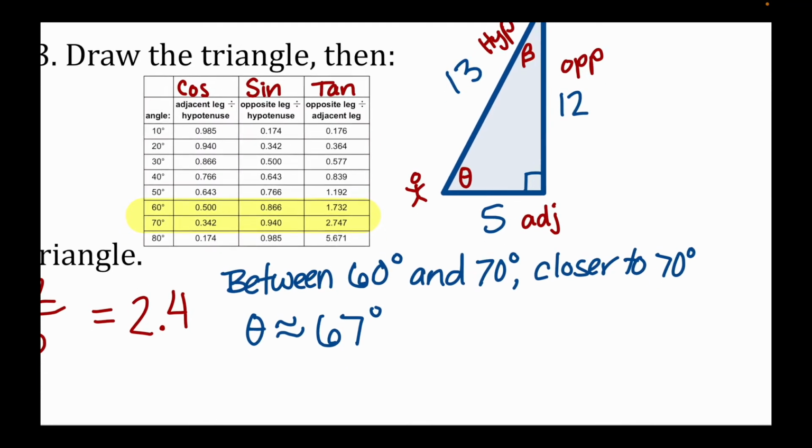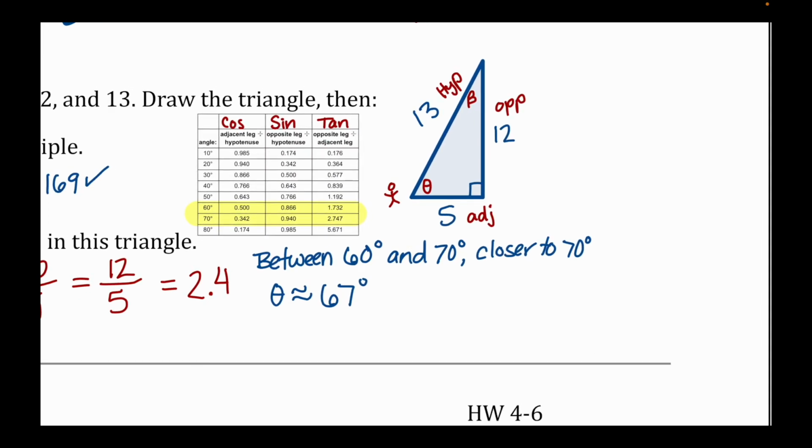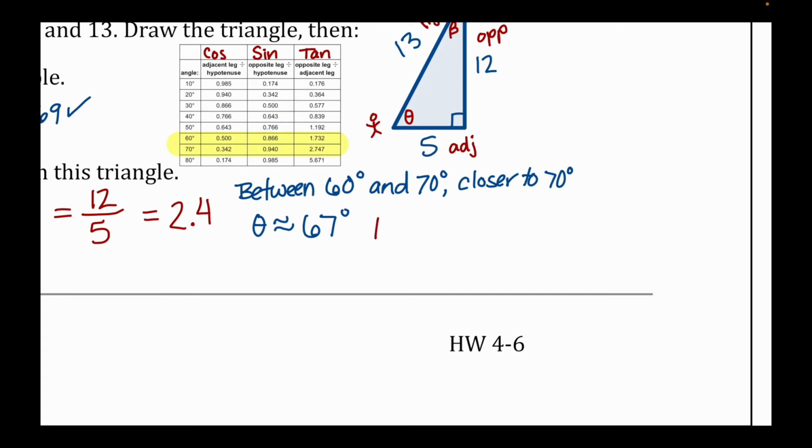And then we can label this one up here beta, which is like that weird curly looking B. So then I can say beta is approximately equal to 90 minus 67, which is, I believe, 23.